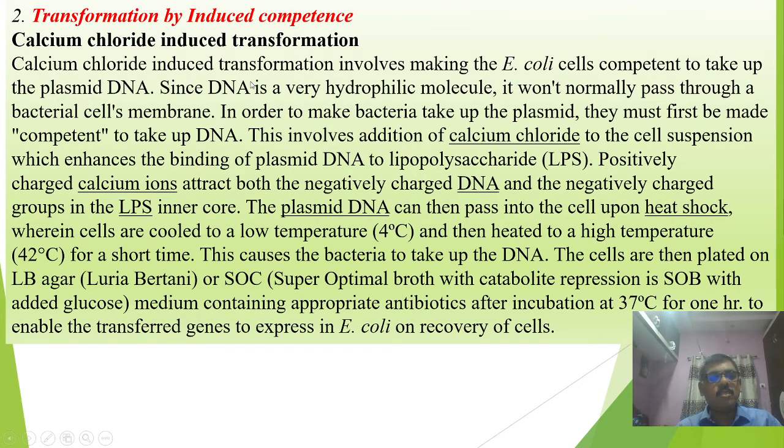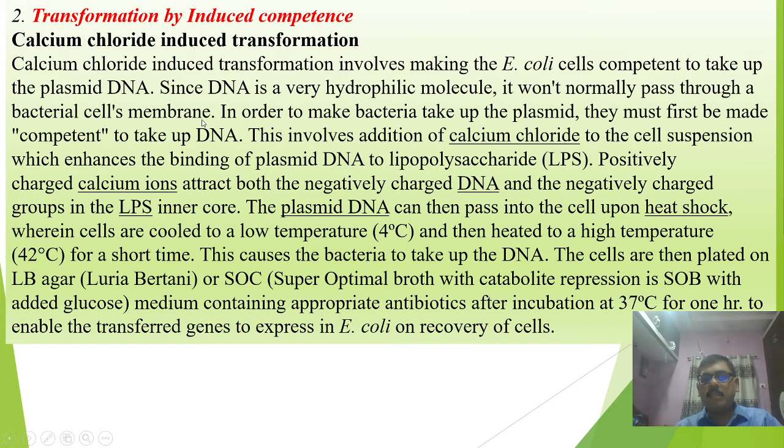Calcium chloride induced transformation involves making the E. coli cell competent to take the plasmid DNA. Since DNA is a very hydrophilic molecule, it won't normally pass through the bacterial cell membrane.